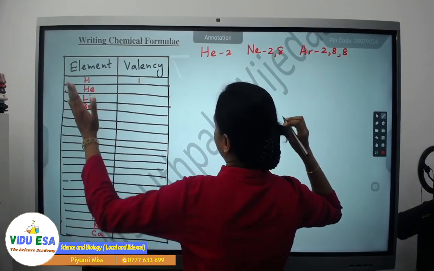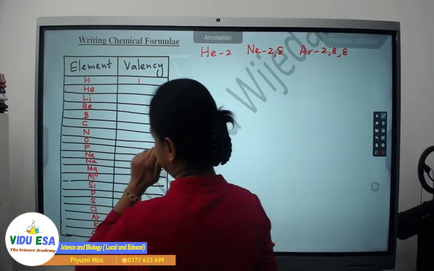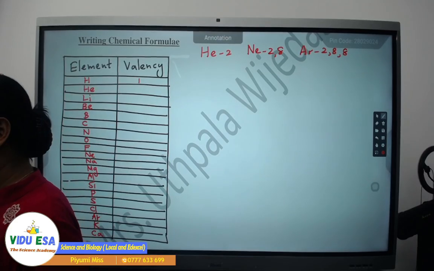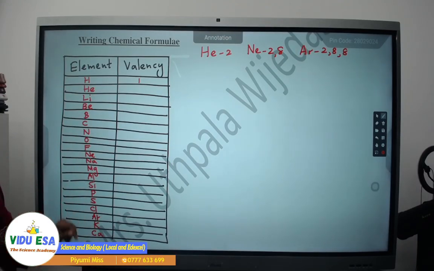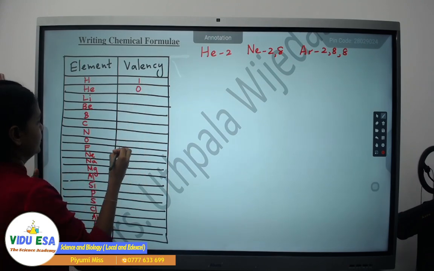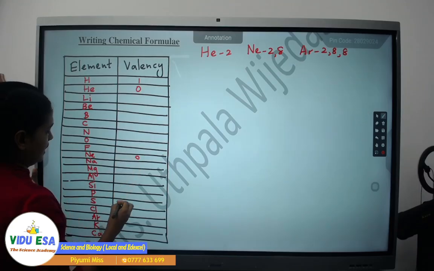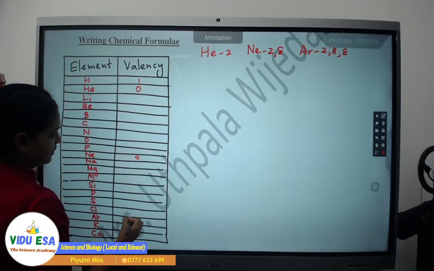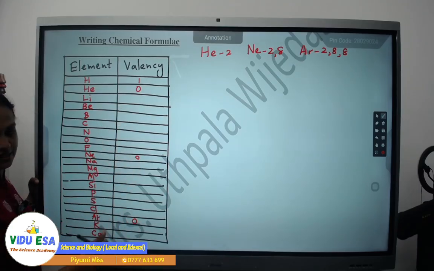All of these try to be stable like this. For the noble gases, they are already stable. Therefore, helium, neon, argon don't take part in chemical bonding, so their valency is considered to be 0.